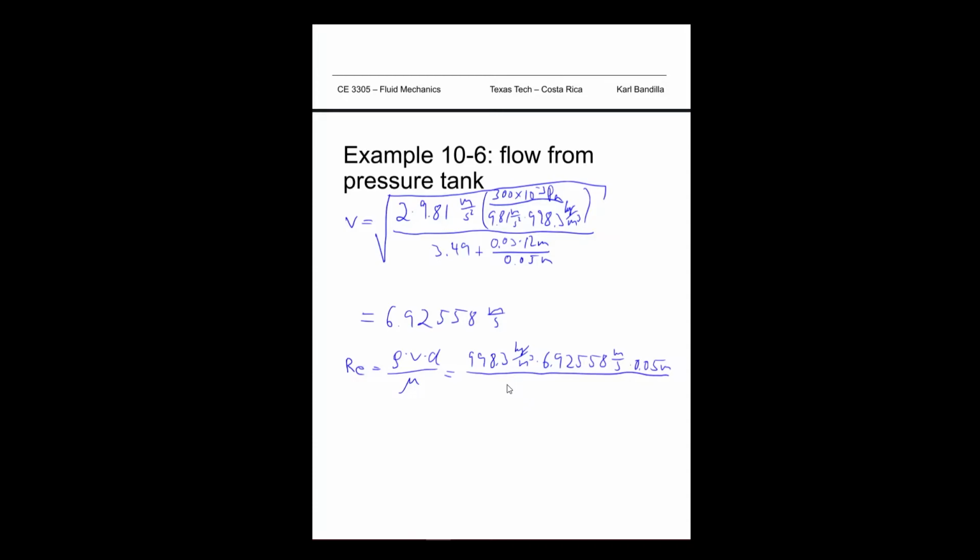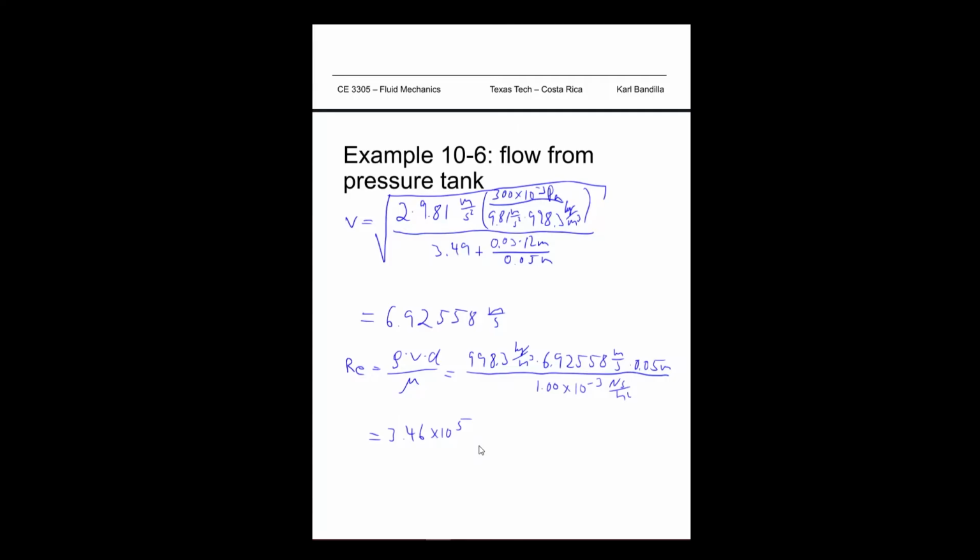And that all divided by mu, which we'd have to look up. For 20 degrees, that's 1.00 times 10 to the minus 3 newton seconds per meter squared. All right, so if we plug that in, we get 3.46 times 10 to the 5. That would be our Reynolds number. So we're clearly in turbulent flow.